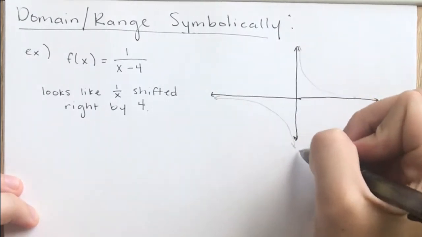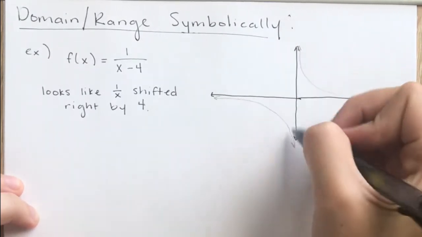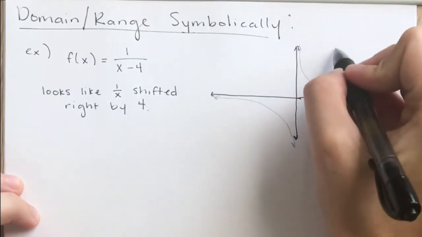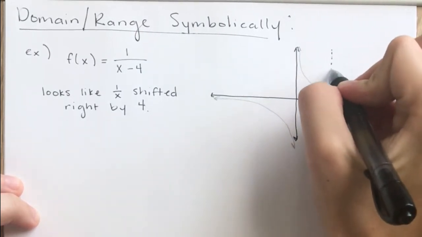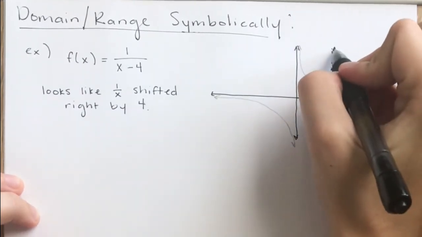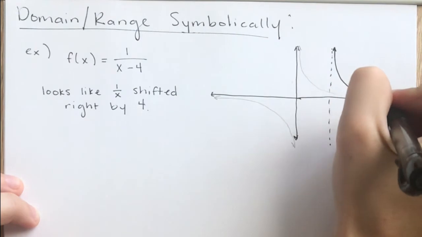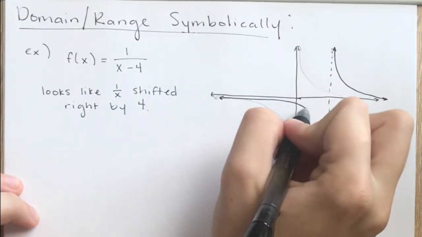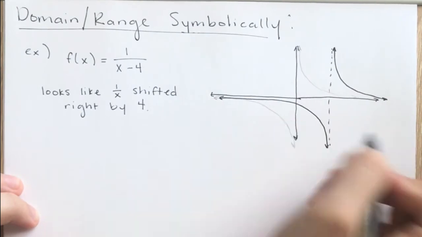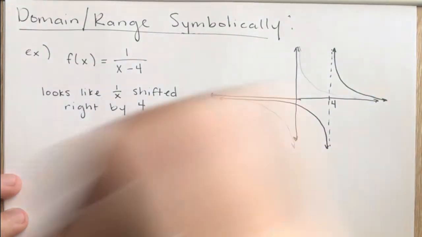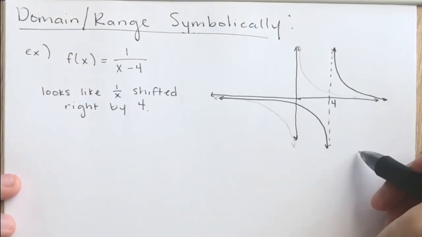So this vertical asymptote at x equals 0 is now going to occur at x equals 4. And we're going to have the same shape, just shifted to the right. Right, this is 4. So looking at this, what is the domain of this function?